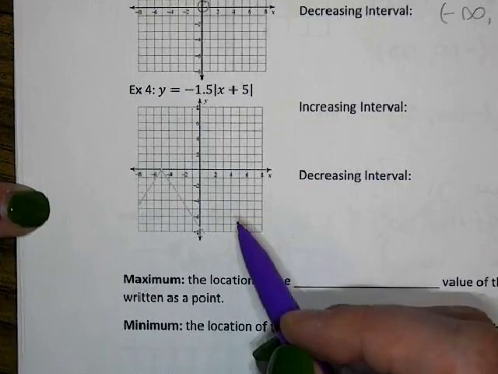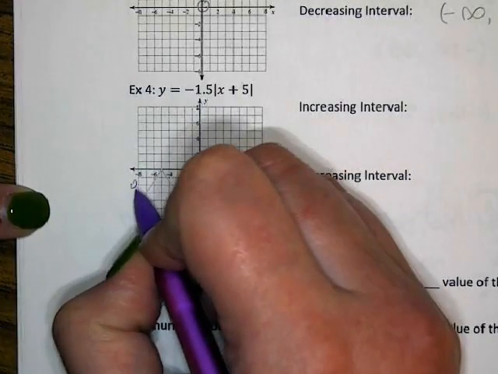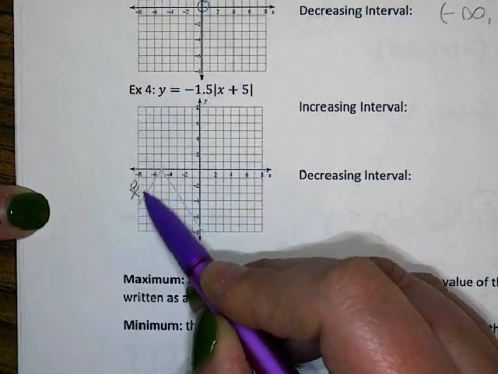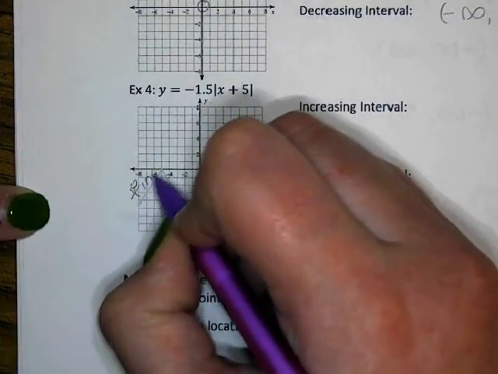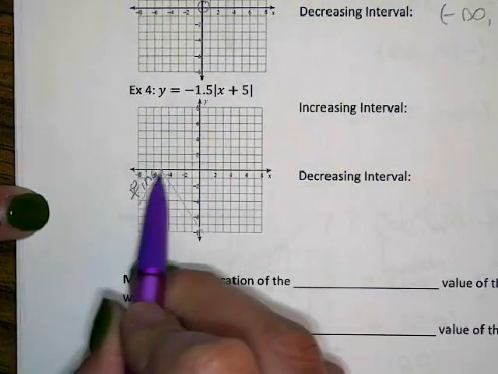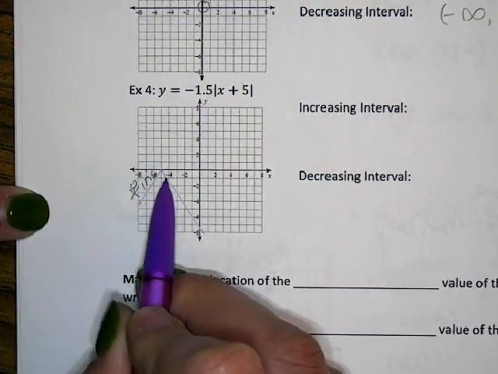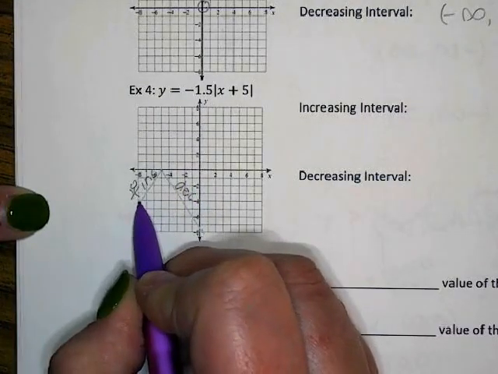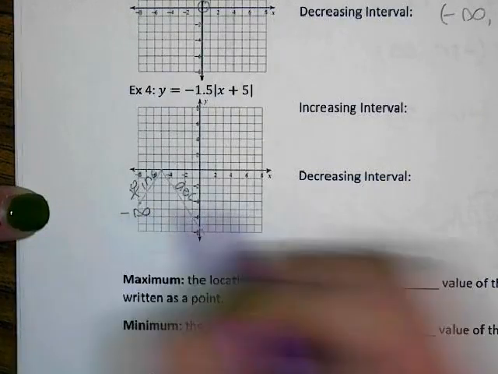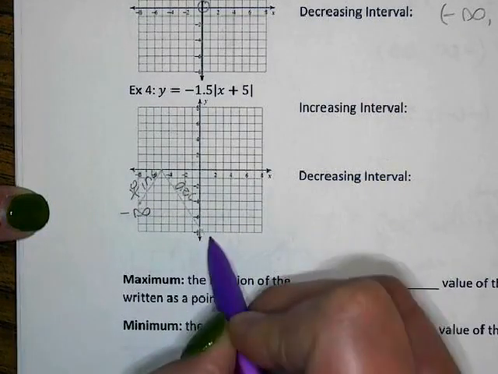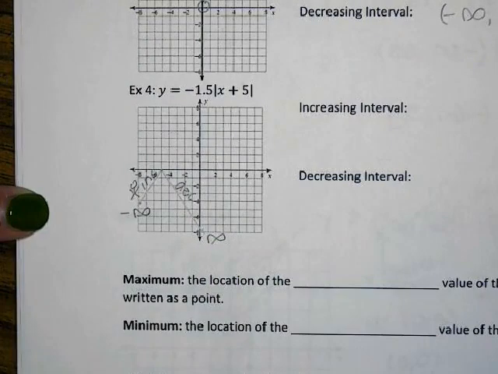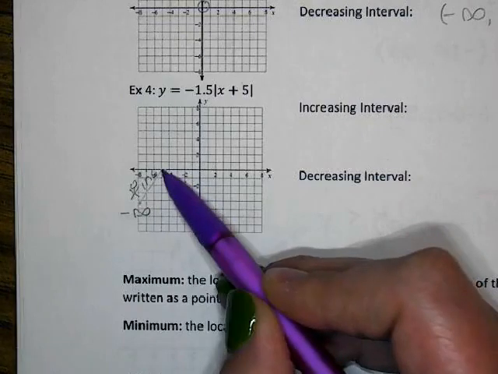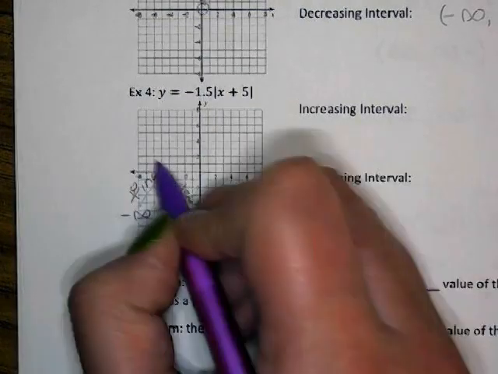So this one, we put our little stick figure over here. Is he walking uphill or downhill? Uphill, okay. And then he gets to the vertex, and then once he goes over the vertex, which way is he walking? Downhill. Okay, so we have a left arrow, which is a negative infinity, and a right arrow, which is a positive infinity. And then what is the x-coordinate of the vertex? -5.